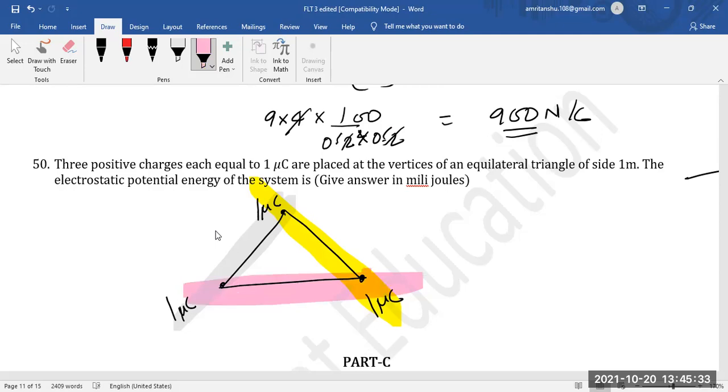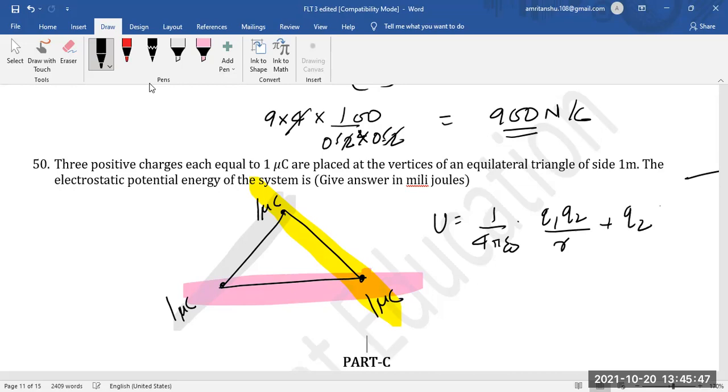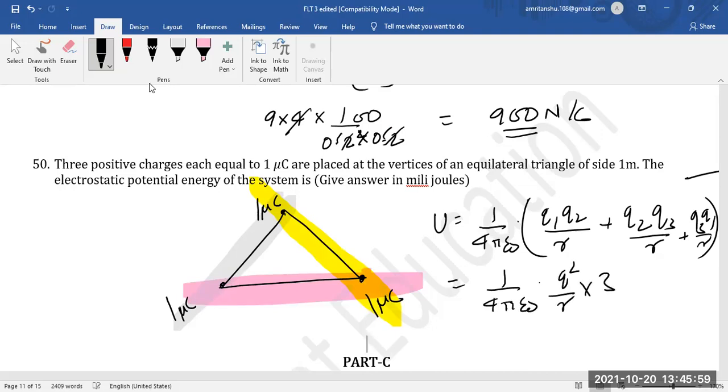So we simply need to calculate electrostatic potential energy. It is going to be 1 upon 4 pi epsilon naught Q1 Q2 upon R plus Q2 Q3 upon R plus Q3 Q1 upon R. So this is 1 upon 4 pi epsilon naught Q square by R into 3.